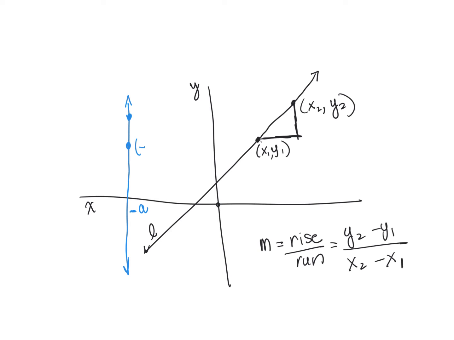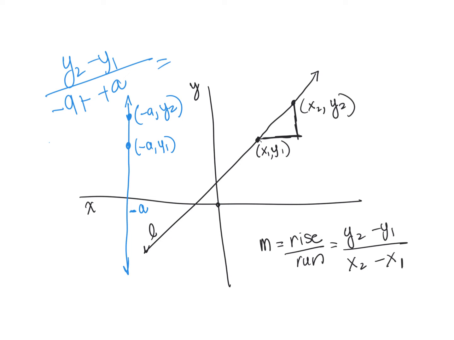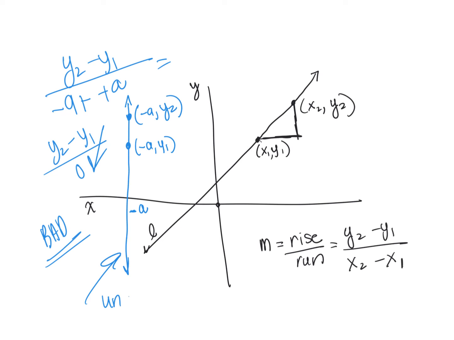Then this would be (-a, y1), and this would be (-a, y2). Then the slope would be y2 minus y1 over negative a minus negative a, or negative a plus a, which would be y2 minus y1 over 0. That's bad. You can't divide by 0. So this slope is undefined. The vertical line slopes are undefined.